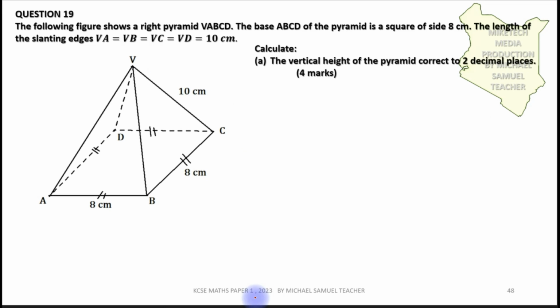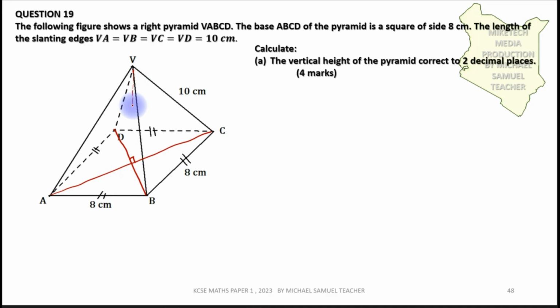So for part A, we need to find the vertical height of the pyramid, correct to 2 decimal places. To get the vertical height, I need to join the diagonals of the base, A to C and also B to D, such that they meet at 90 degrees.